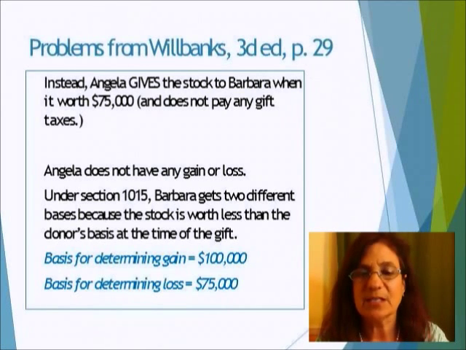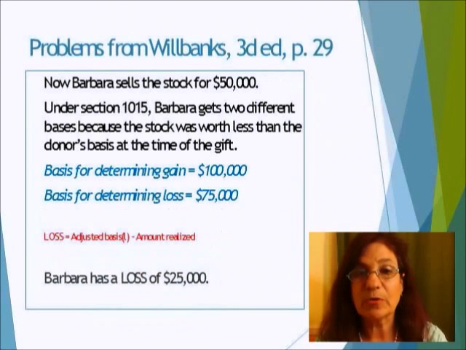She gets a basis for determining gain, which is Angela's basis, and she gets a basis for determining loss, which is the fair market value at the time of the gift, only if that is lower than the donor's basis. That's the only time this rule kicks in. So now Barbara sells the stock for $50,000.